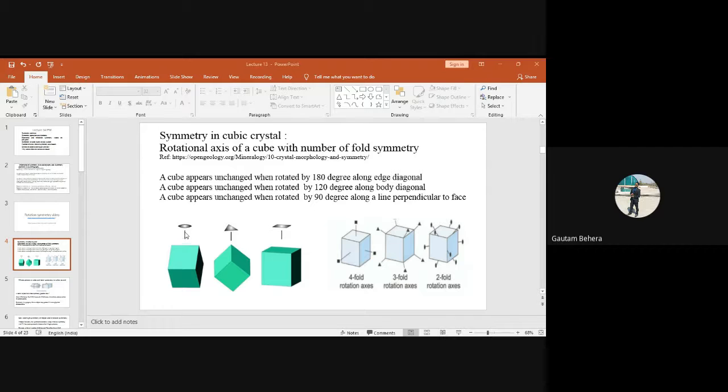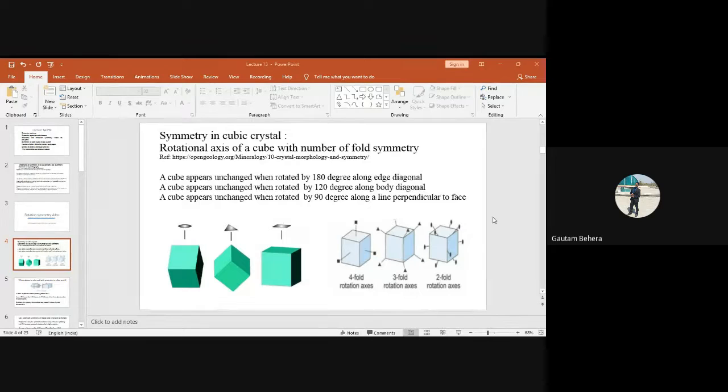So here the axis is passing through the edge center. You can see it will pass through the edge center through this edge like that. And now you want to rotate it, right? So this is the image here. You can see the axis is passing through the edge.